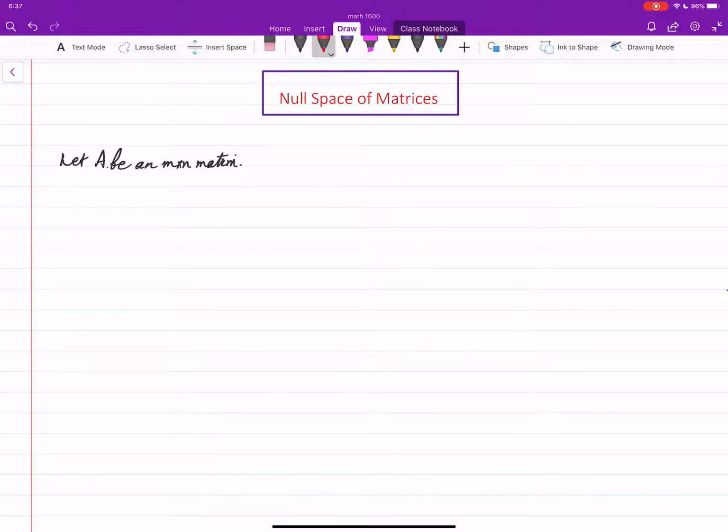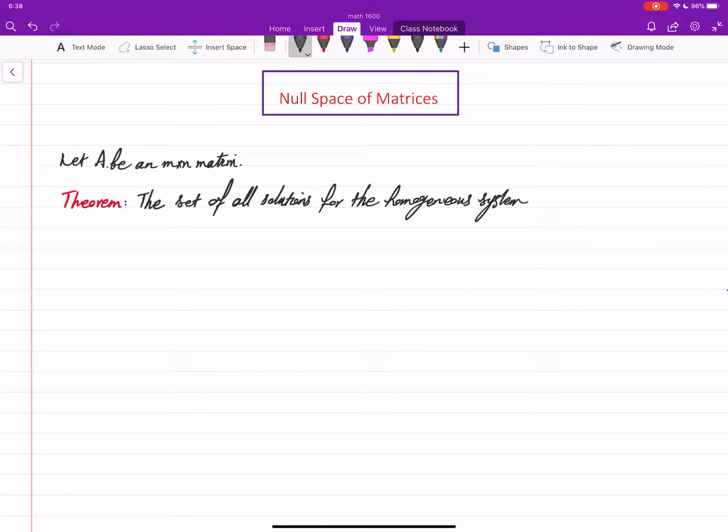For the null space, we first need to prove a theorem: the set of all solutions for the homogeneous system Ax equals 0 forms a subspace of R^n.